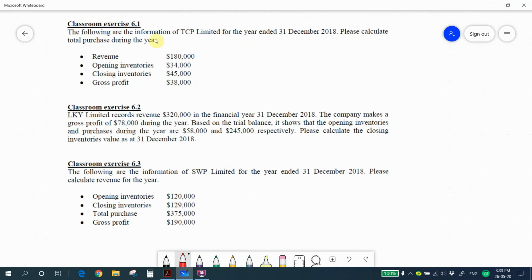6.1. The following is the information of TCP Limited for the year ended 31st December 2018. Please calculate the total purchases during the year. We are given the information of revenue, opening inventory, closing inventory, and gross profit. So we do it this way. Revenue minus COGS gives gross profit.